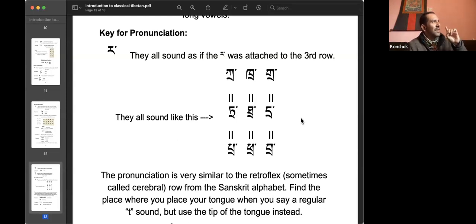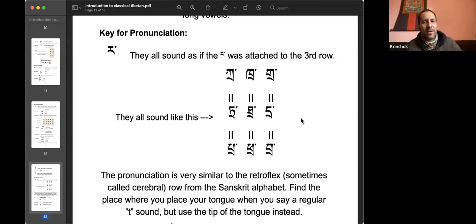So mark the spot in your brain. Usually we're hitting that spot with this part of our tongue. But instead, it's called a retroflex because your tongue goes into a retro. So we curve the tongue and we only touch with the tip of the tongue. The tongue goes like this, and it touches that same spot.